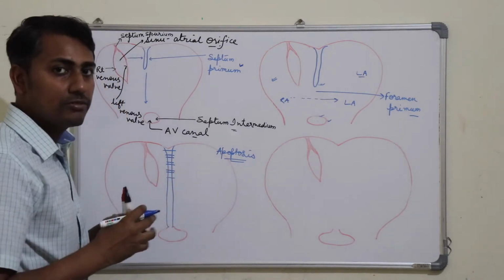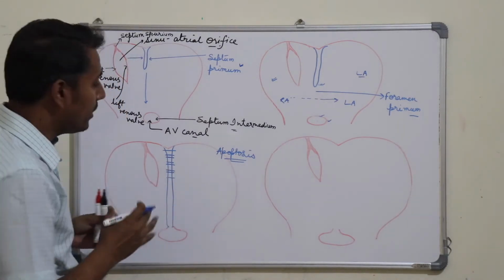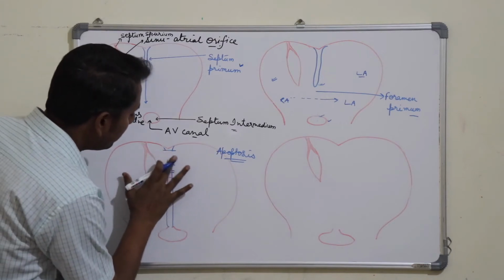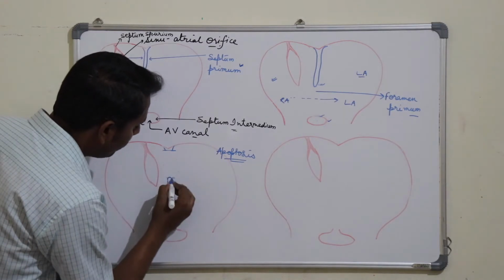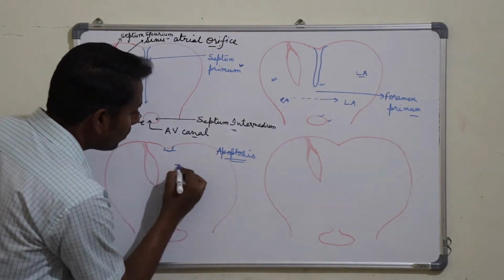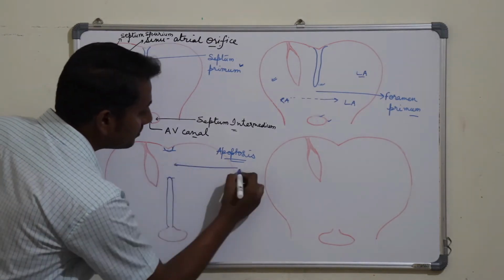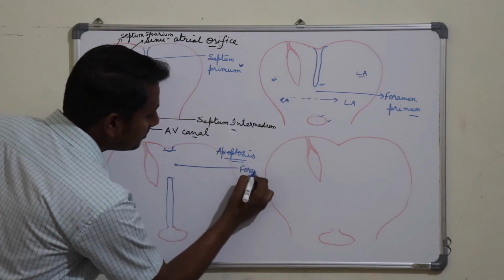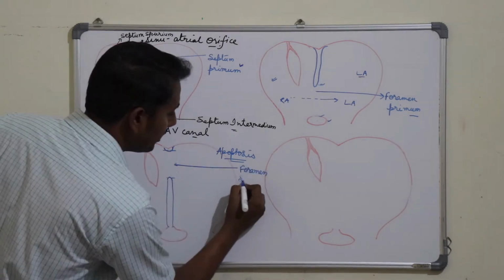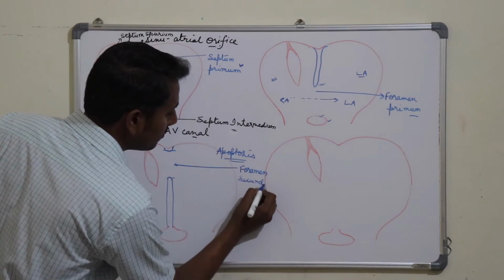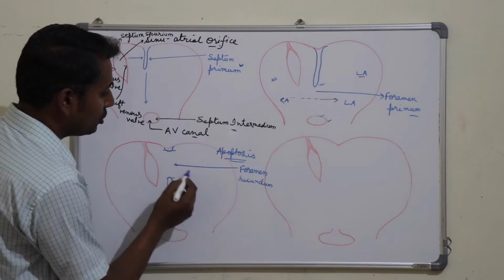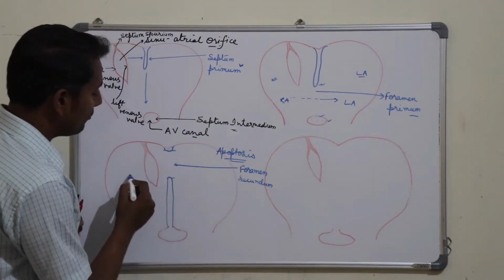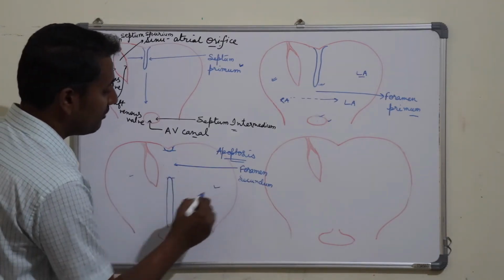These perforations will coalesce together to form a larger opening, and this opening will now be known as foramen secundum. This foramen secundum will ensure that the oxygenated blood is carried from the right atrium to the left atrium.